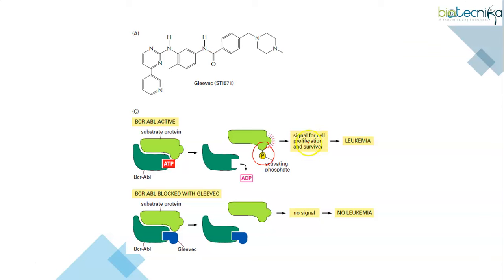This is the signal for cell proliferation and survival, resulting in leukemia. But if the patient is treated with Glivec, Glivec will bind to the site where ATP binds. So what happens? No ATP hydrolysis, no phosphate getting transferred, no signal, no leukemia.